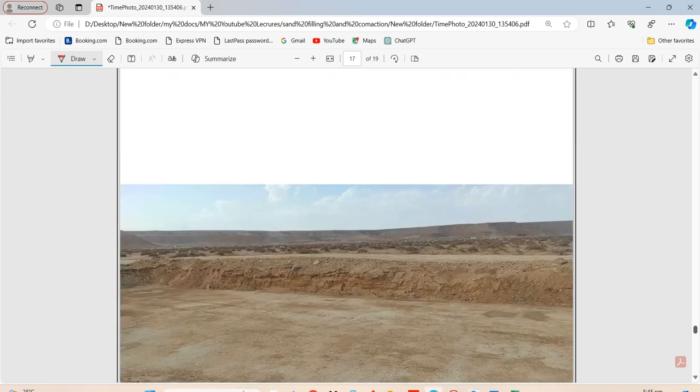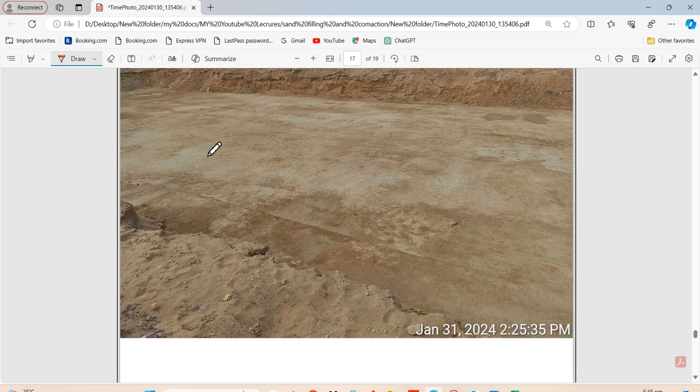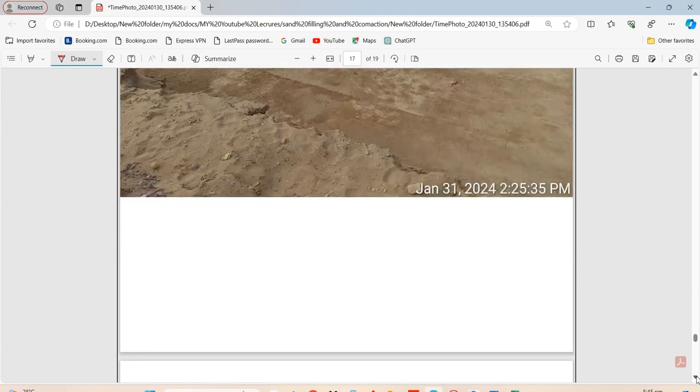Maximum passes are around 25 passes per layer. Firstly, we pass this roller horizontally, then vertically on this side to obtain maximum compaction. Let me show you more pictures.